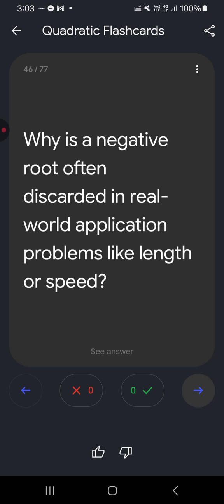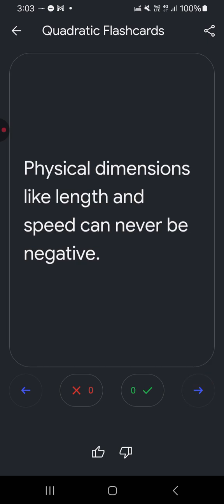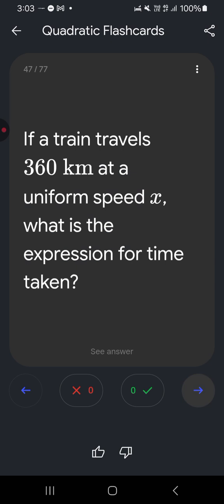Why is a negative root often discarded in real world application problems like length or speed? Physical dimensions like length and speed can never be negative. If a train travels 360 kilometers at a uniform speed x, what is the expression for time taken? Speed is equal to distance upon time.